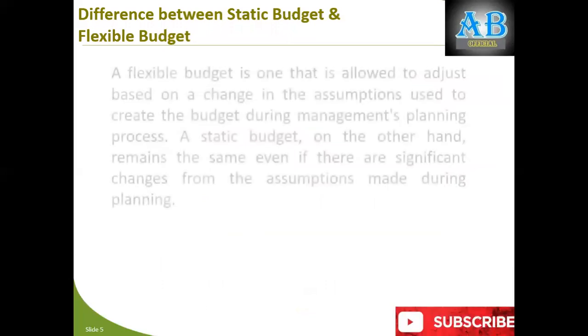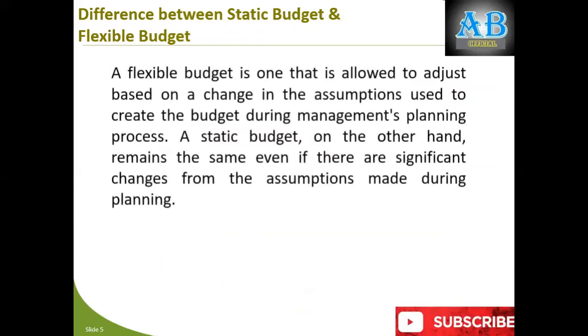What is the difference between flexible budget and static budget? Very simple. When you have flexible budget, you are allowed to adjust to the changes in your assumptions. So it means you can create different scenarios, you can create different activity levels when you're preparing a budget. On the other side, static budget remains constant.